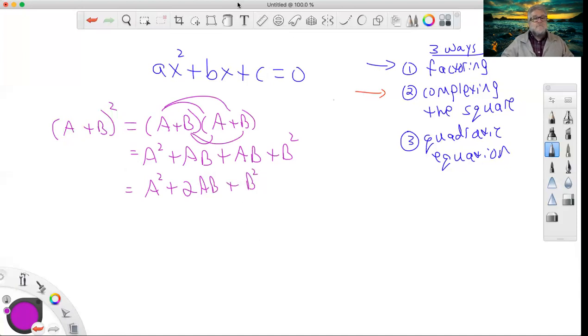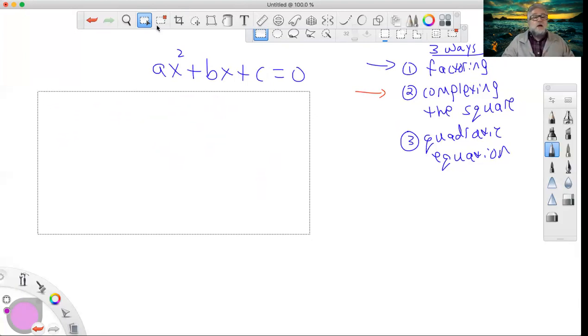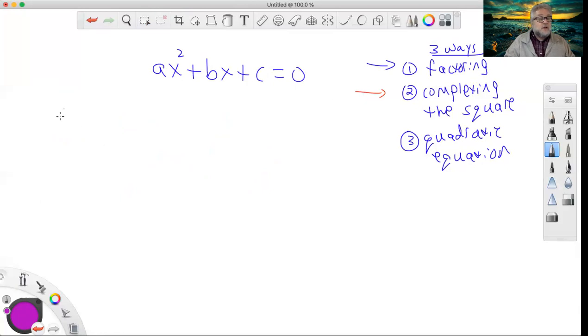Okay? So now let's try one with an x. Remember, these arcs are really important for you to get in the habit of doing. It will help you to not make mistakes on multiplying polynomials. So let's do x plus 6 squared.